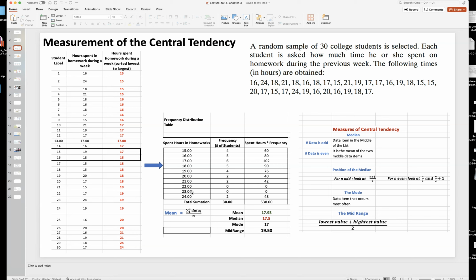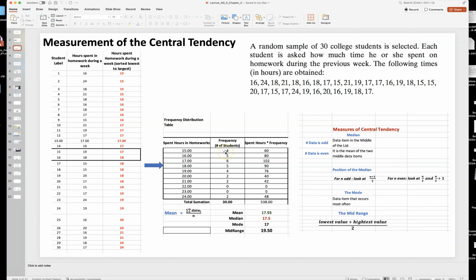And what we're going to build with this is something that is called the frequency distribution table. Okay, so how do we do that? Well, we allocate another column next to this one and we say, okay, let's go for each one of the possible outcomes, 15 hours. Then in here, I count from my sample how many of them spend 15 hours: 1, 2, 3, and 4.